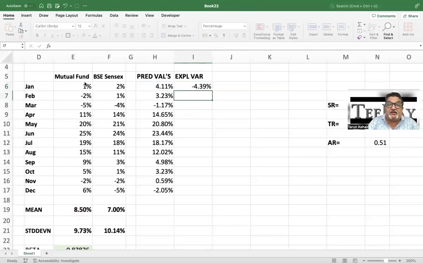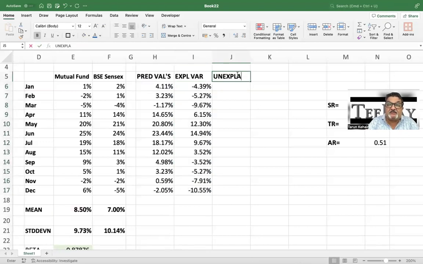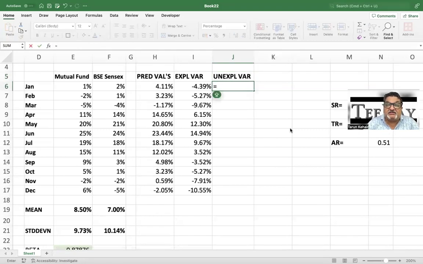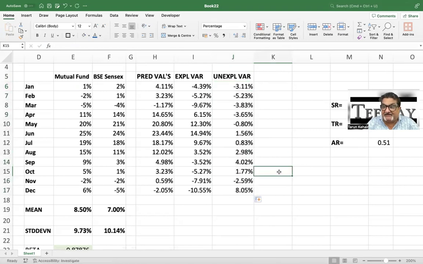इसको हम नीचे ड्रैग करेंगे, and then we will take the unexplained variances, which is your, I mean, these are not in square terms, just deviations. So unexplained deviations will be your actual mutual fund returns minus your predicted values. So ये हो गया आपका unexplained.